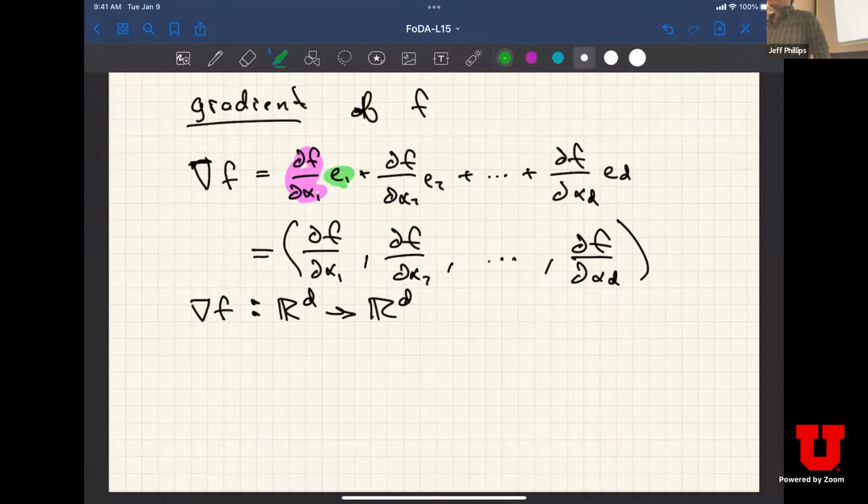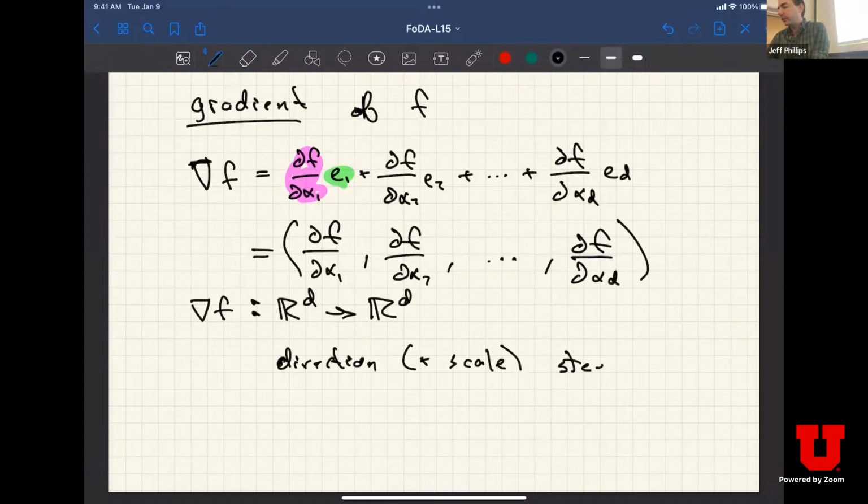Okay, so I want to go through an example, and I have 2 minutes left. I'm going to say something really quick, and then we'll review this in the next lecture, and we'll go through a very quick example. But the gradient is going to be the direction of steepest increase.